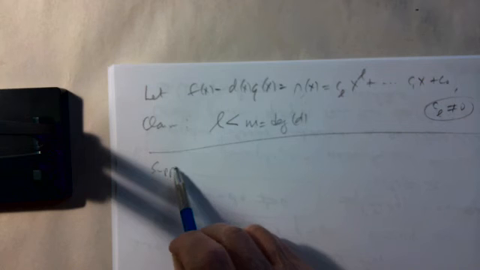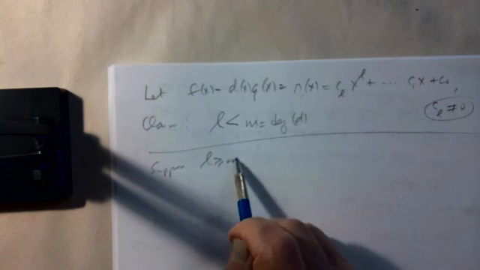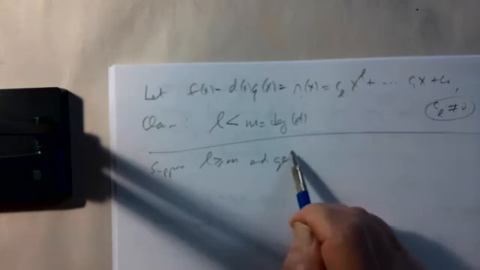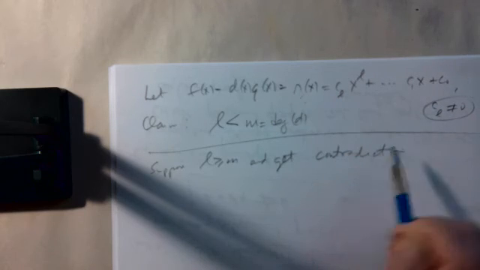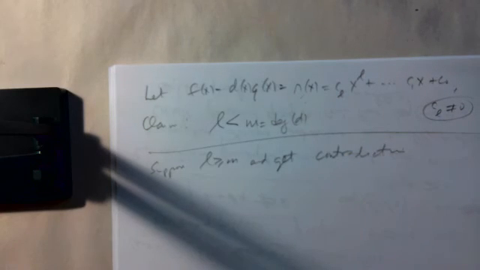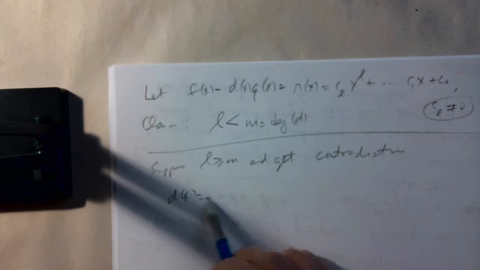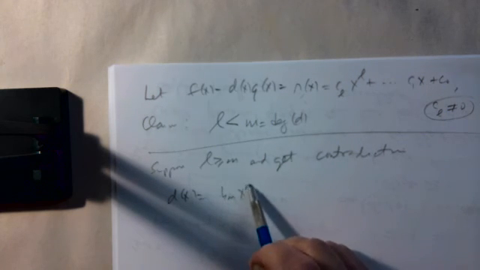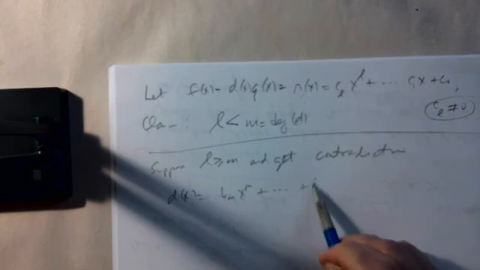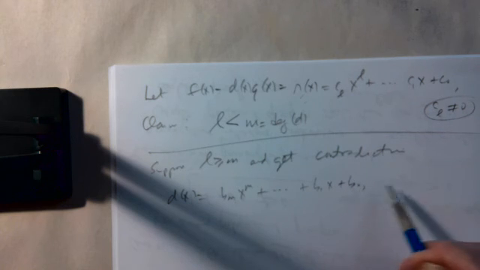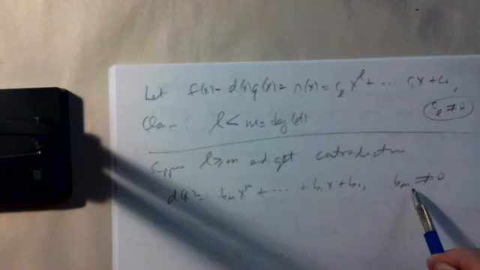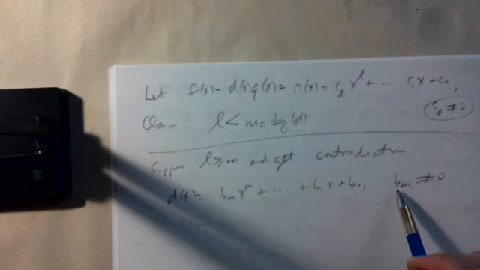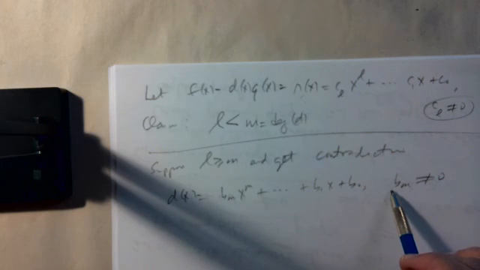So I'm going to suppose that L is greater than or equal to m and get a contradiction. So remember, d of x is b sub m x to the m plus lower order terms, and b sub m is not 0. But we're in a field, so it has an inverse.